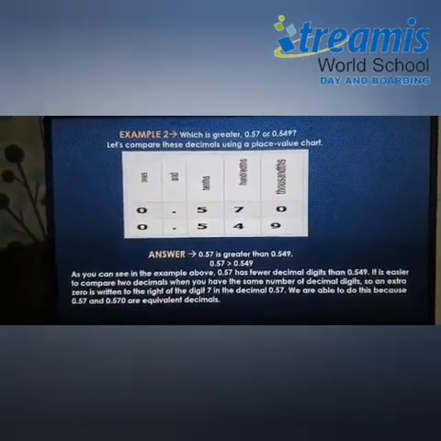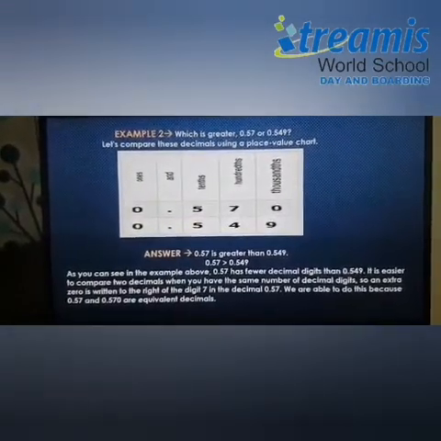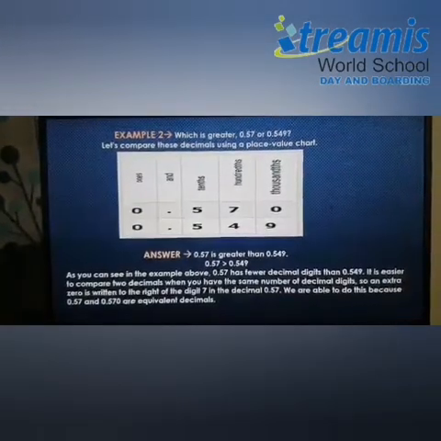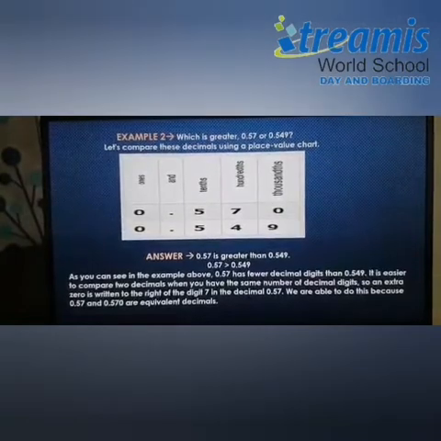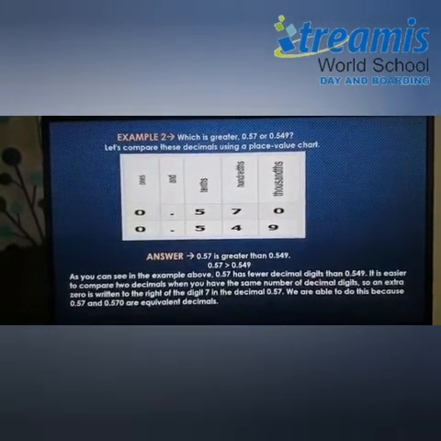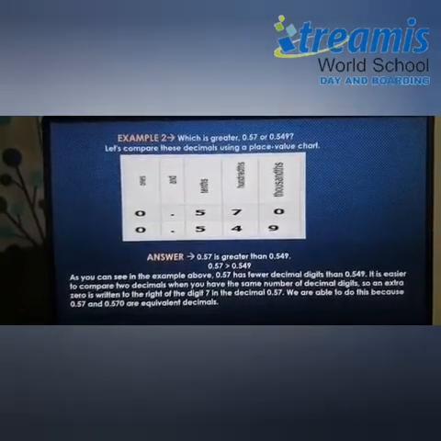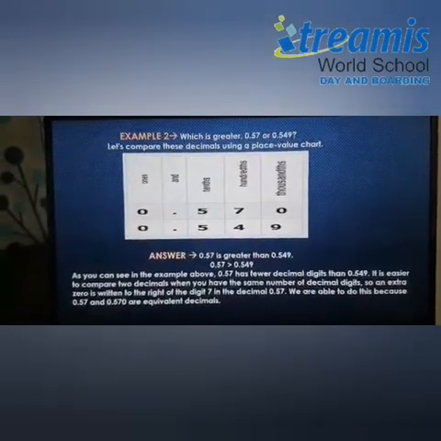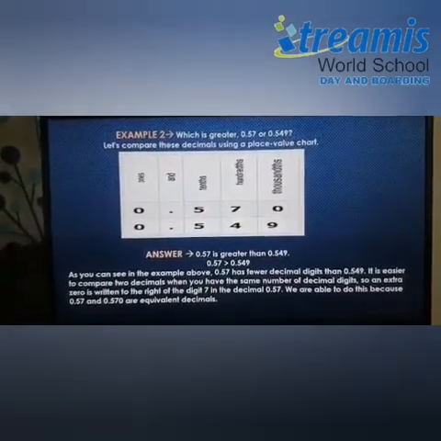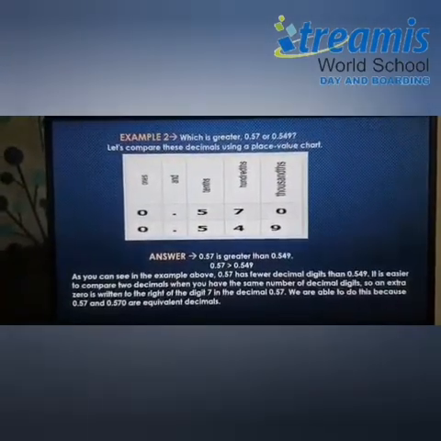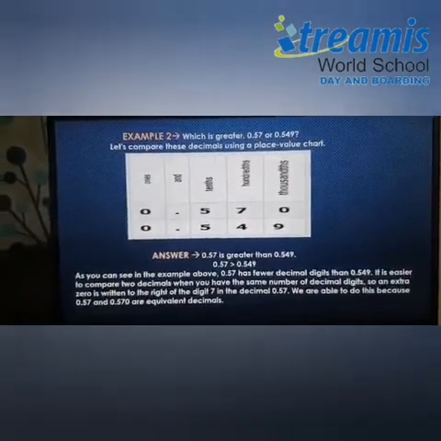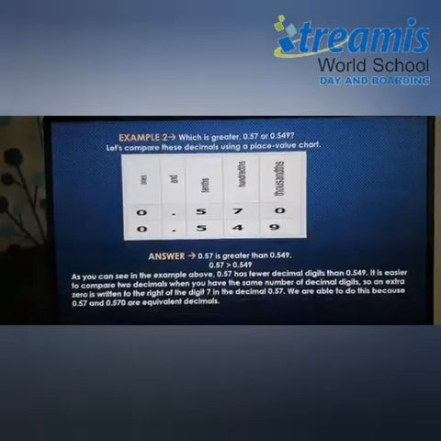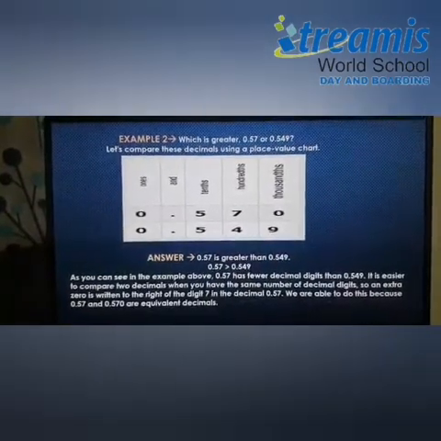It is easier to compare 2 decimals when you have the same number of decimal digits. So an extra 0 is written to the right of the digit 7 in the decimal 0.57. And we are able to do this because 0.57 and 0.570 are equivalent decimals. They are the same, they have equal values.